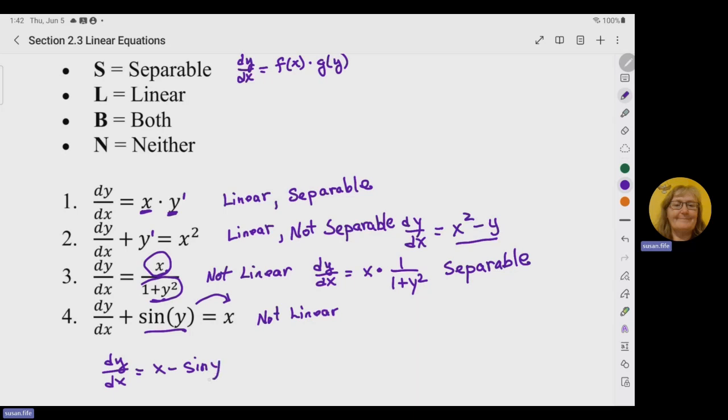And again, because you have those two terms subtracted, and the first term is only a function of x, the second term is only a function of y, you're not going to be able to factor out to get a function of x times a function of y. This is not separable. So notice number 1 is both. Number 2 is only linear, not separable. Number 3 is only separable, not linear. And number 4 is neither linear nor separable.